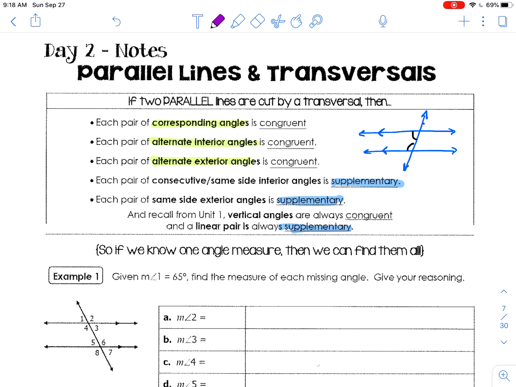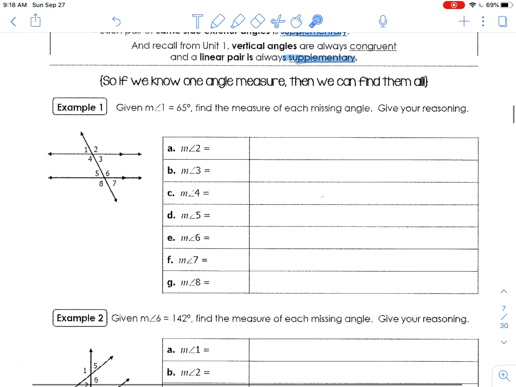Same side exterior are also supplementary. These two angles that I just did in purple, they are on the same side of the transversal. They are in the exterior region, and they are going to be supplementary. And then just some other angles from Unit 1. Vertical angles, they're always congruent, and a linear pair is always supplementary.